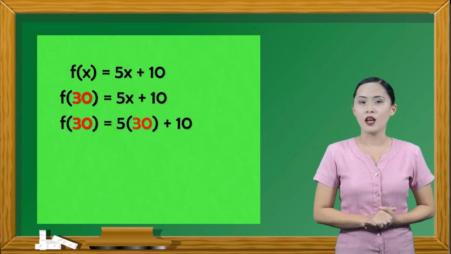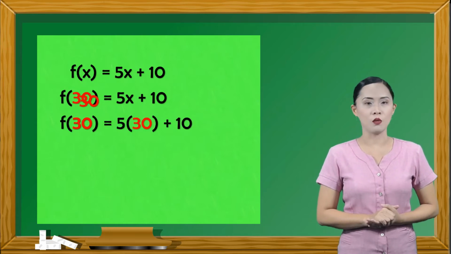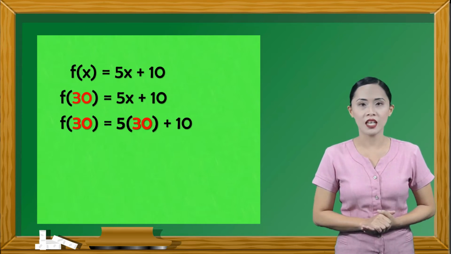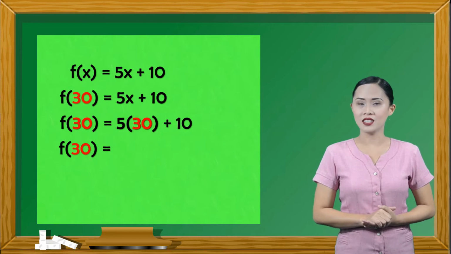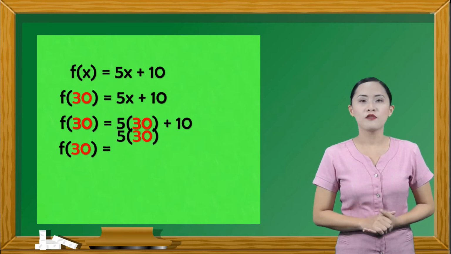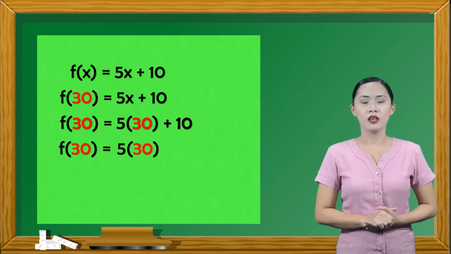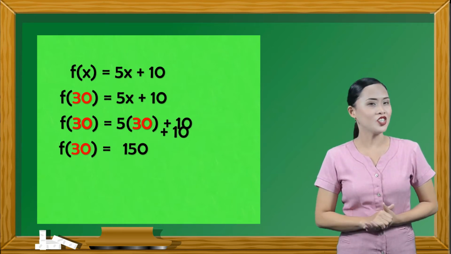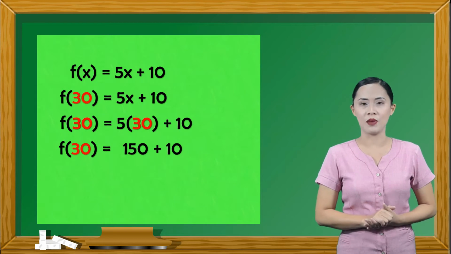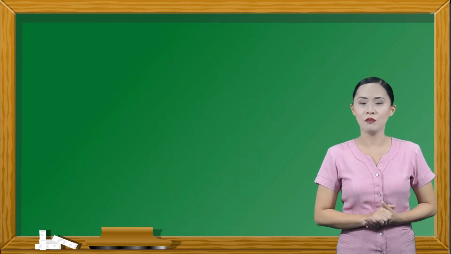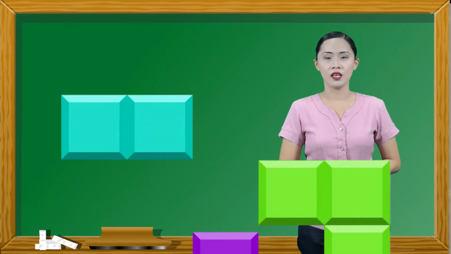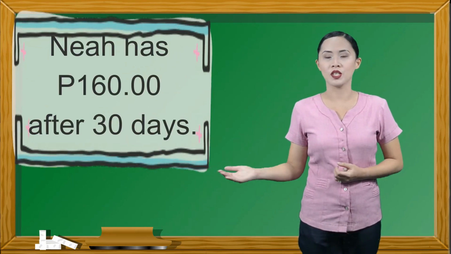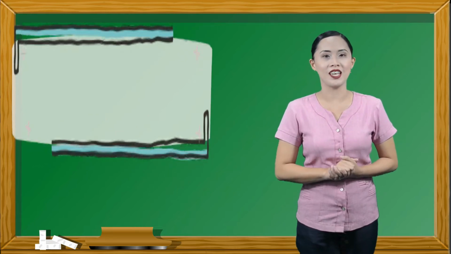So, f of 30 equals 5 times 30 plus 10. Thus, we have 5 times 30 is 150 plus the initial coins inside the piggy bank, which is 10 pesos. So, Nea has 160 pesos after 30 days.